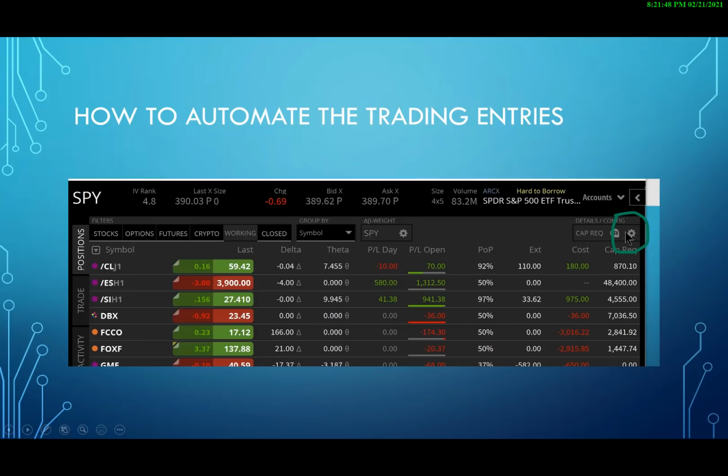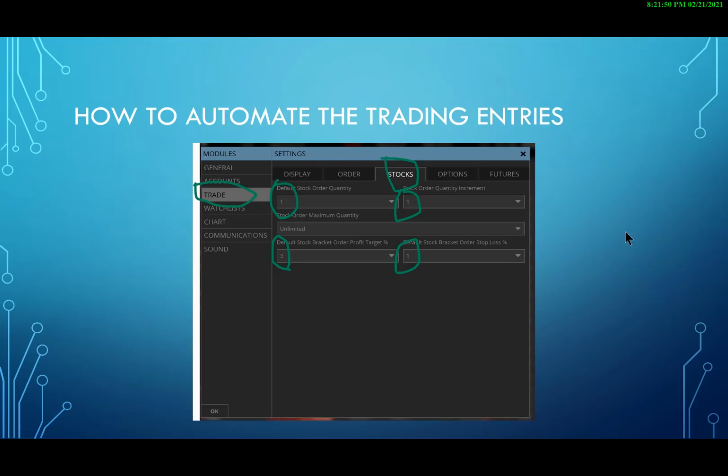If you click on that gear wheel, it's going to take you to this page right here. And if you'll come over here to the general parts, to the modules, click on trades. And then once you click on trades, go over and click on stocks.